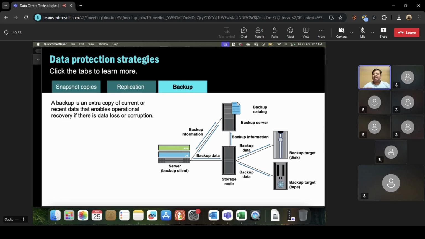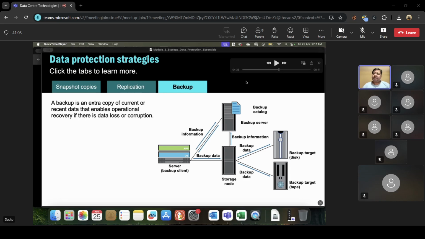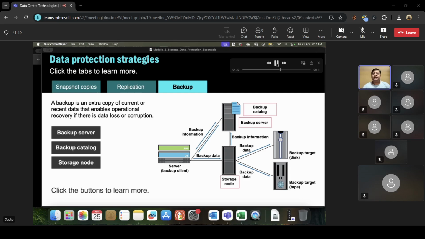Every data block, every data chunk that has been written to your primary storage node will get backed up. And these backups will happen at specific frequencies, like in our phone, we back up every day to Google Drive or iCloud, right? That means a physically separate copy of data is being maintained somewhere else.